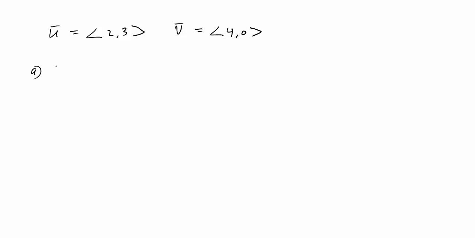So for part A, we want to look at how we add u plus v. Well, I'm going to do this from an algebra standpoint. We're simply going to add the two vectors together, adding the corresponding components. We take the x-coordinate, which is 2, and the x-coordinate over here with v, which is 4. So we would simply take 2 plus 4, and then 3 plus 0.